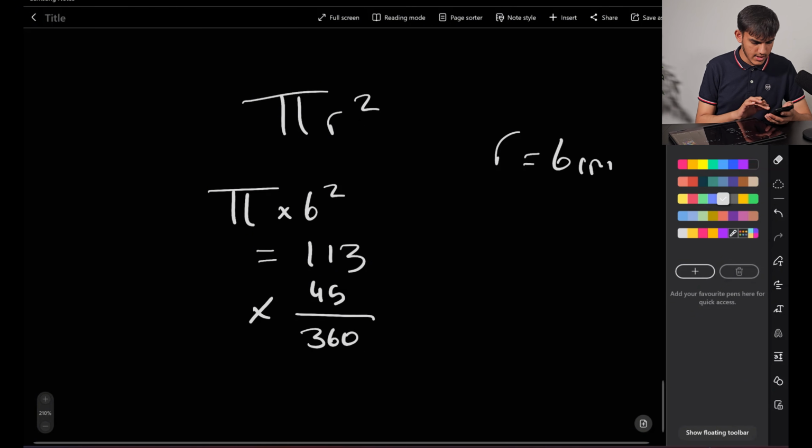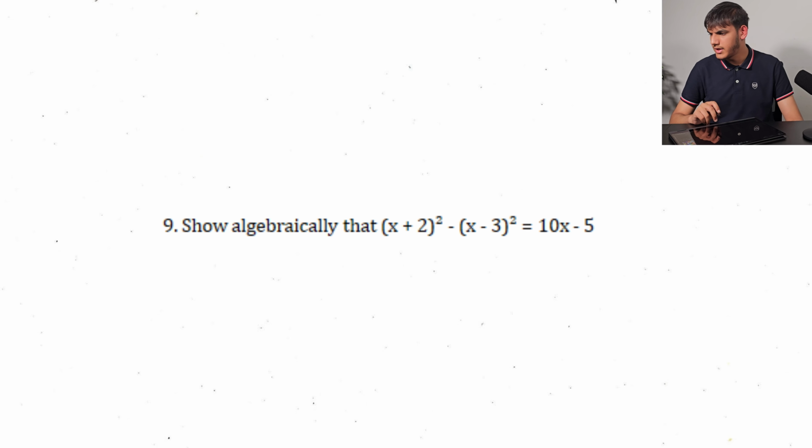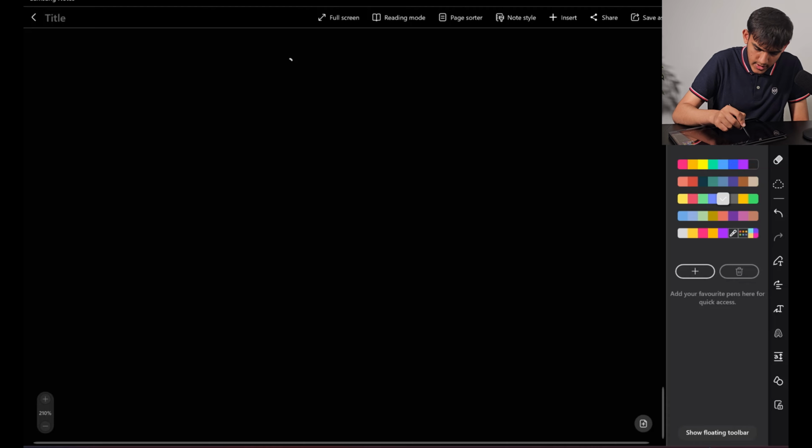So multiply that by 45 over 360 and you get 14 centimeters squared.